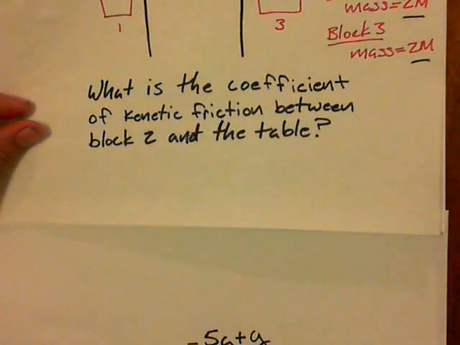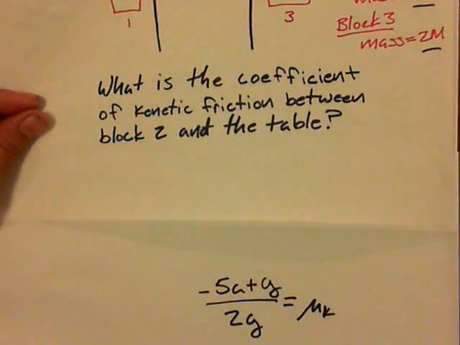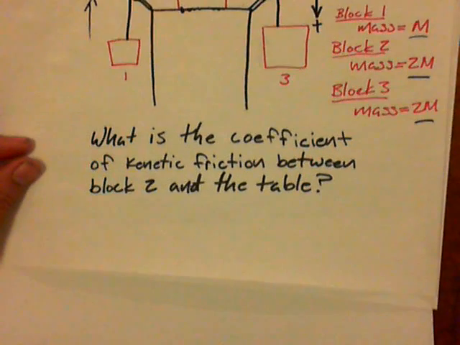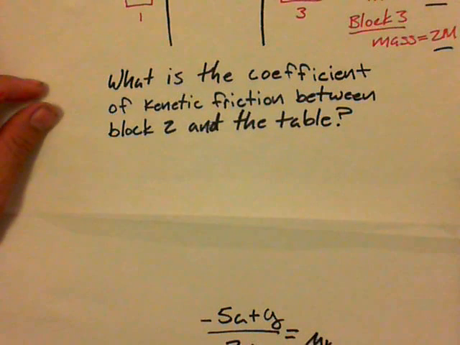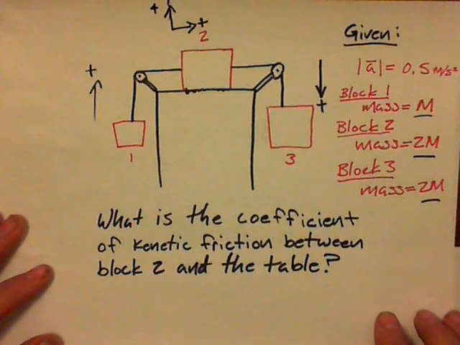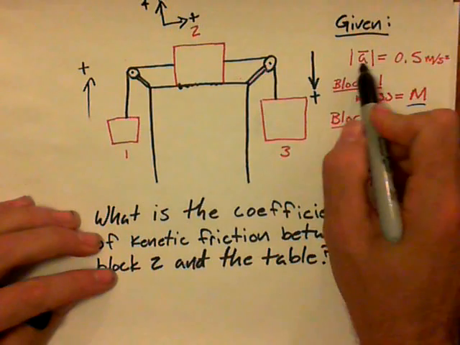Not really going to be able to see anything, are we? There we go. Okay. So we have our little equation. Now let's just have a look at this. Okay. So we have our acceleration is 0.5.